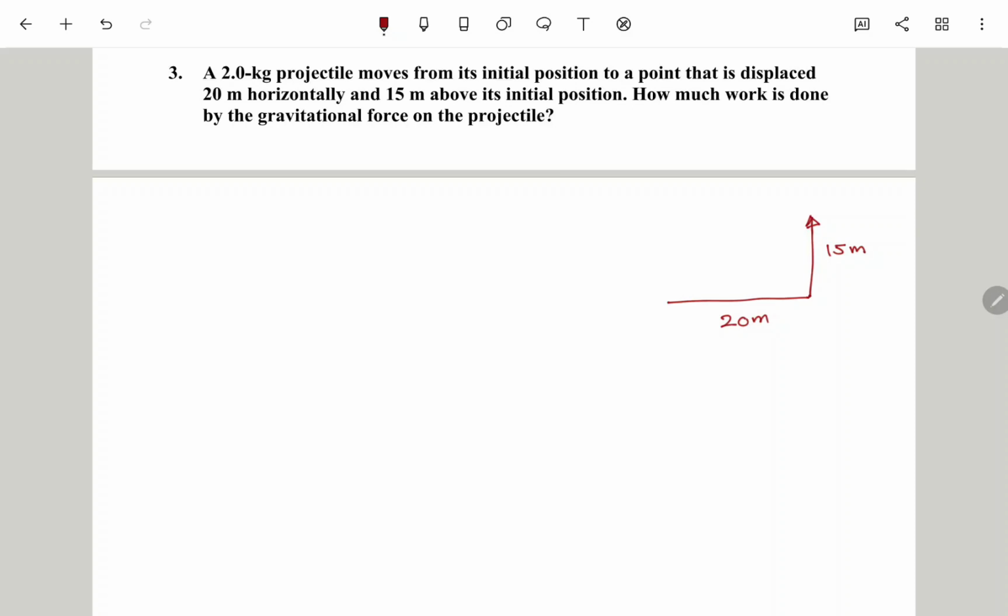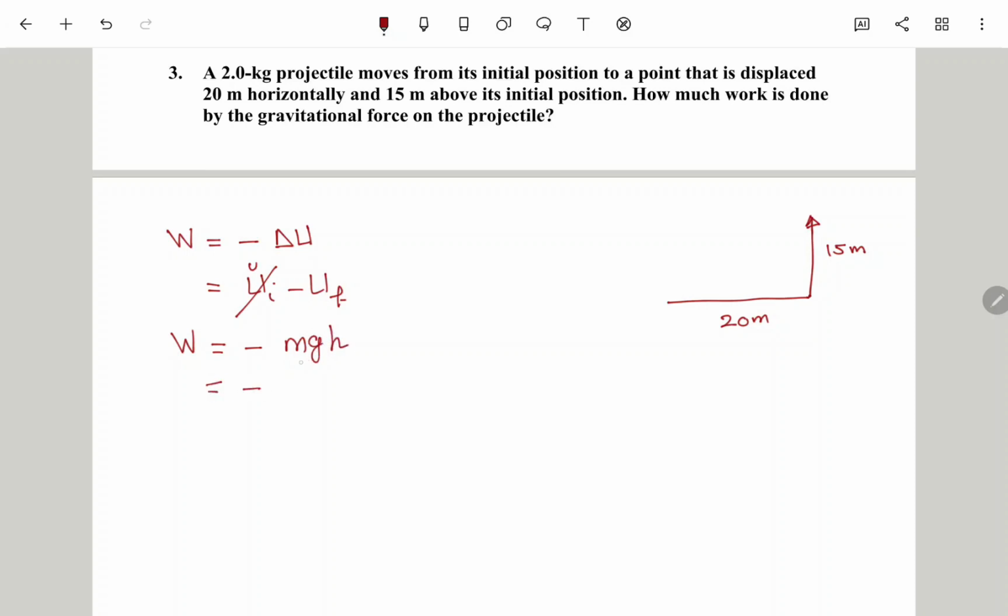To find the work, it is equal to minus delta U, where U is the gravitational potential energy, or U initial minus U final. The initial gravitational potential energy equals 0 because the initial height equals 0, so in this case work equals minus mgh.